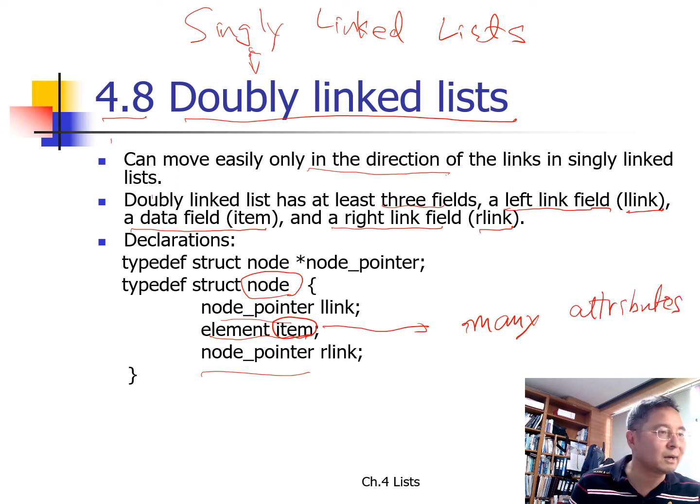Many attributes are possible in this element item field. So all of the data we want to store will be defined in this element item field. Okay, how can we handle this doubly linked list?